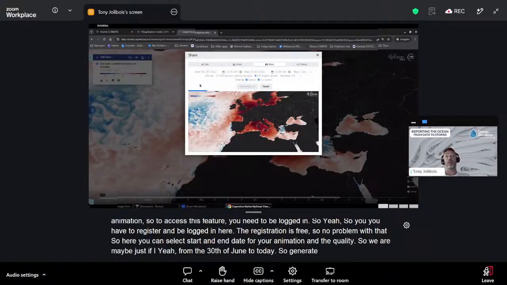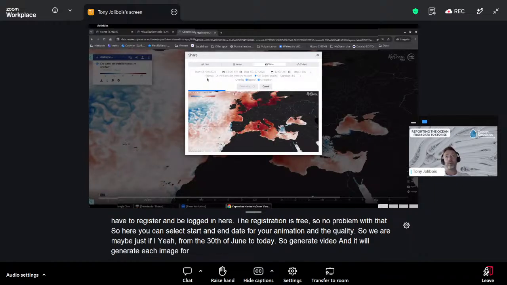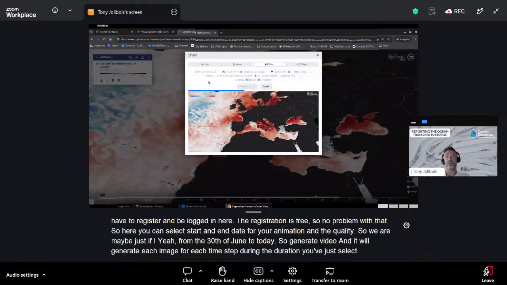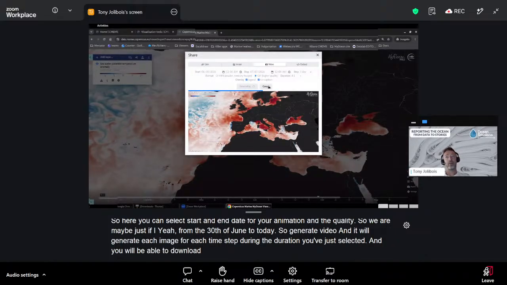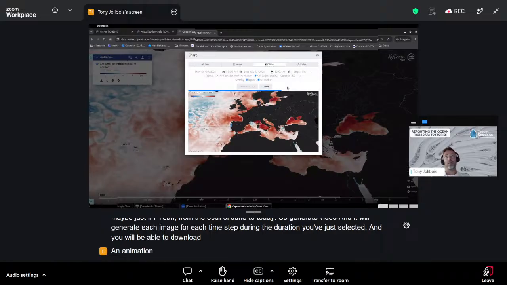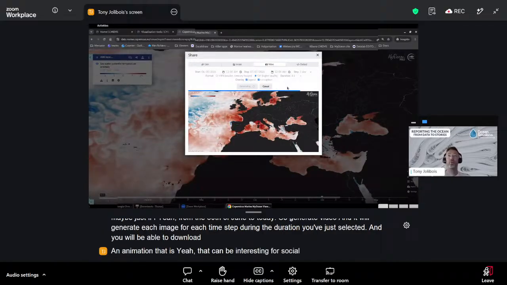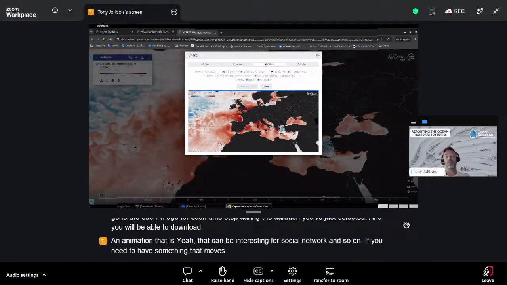So generate video, and it will generate each image for each time step during the duration you've just selected, and you will be able to download an animation that can be interesting for social networks and so on, if you need something that moves more than something static, like a map.